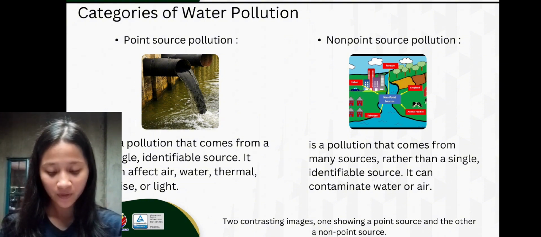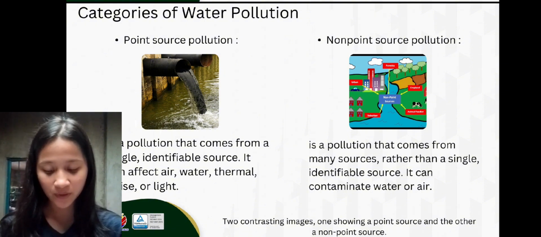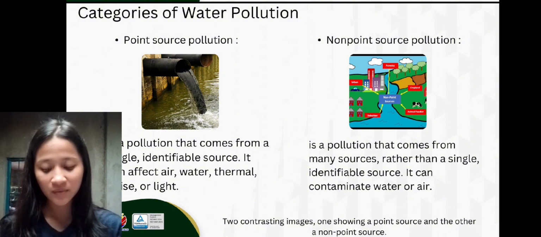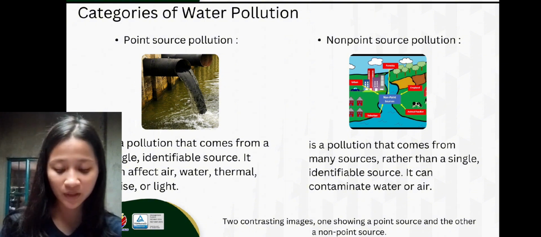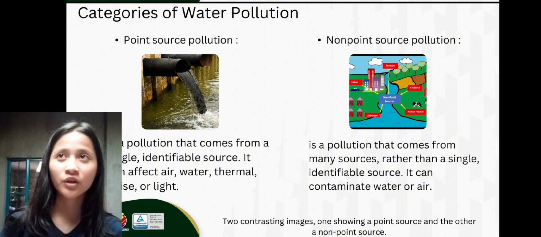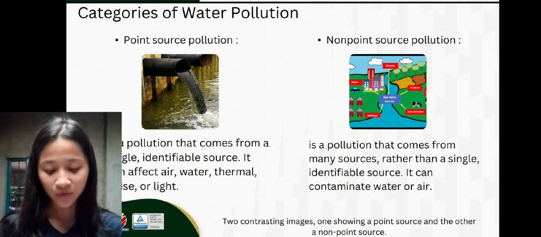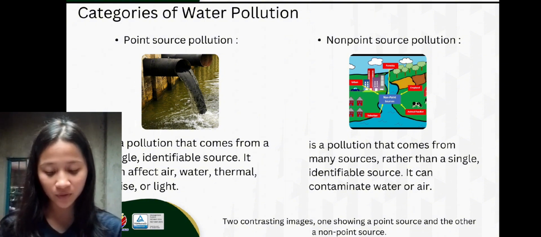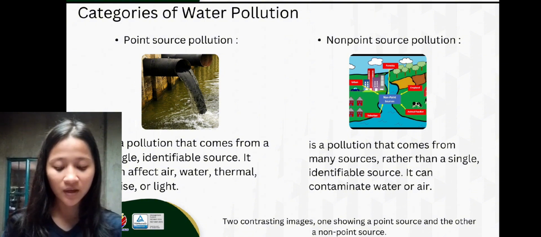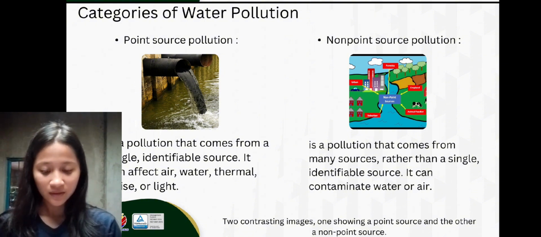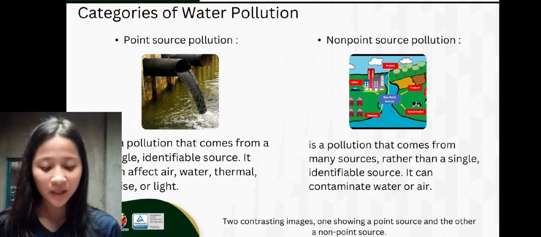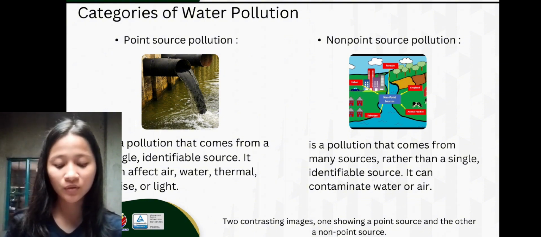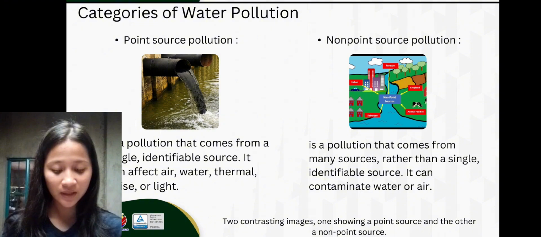Pag non-point source of pollution naman, nagmumula sa maraming pagkakaibang pinagmumulan, hindi madaling matukoy. So, halimbawa, ito ay maruming tubig na nagmula sa mga sakahan, lungsod at iba pang lugar, unti-unting nagdadala ng dumi sa mga katubigan. And ang one point, ito naman maaaring makaapekto hindi lamang sa tubig, kundi pati na rin sa hangin, temperature, at liwanag sa kapaligiran.